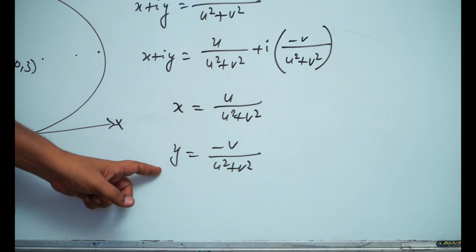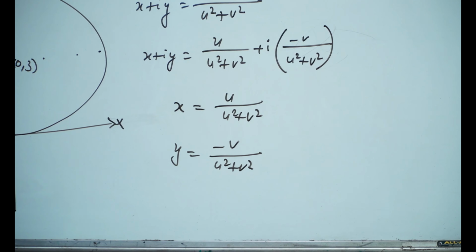So remember these two results, and further we need x square plus y square, which implies x square equal to u square divided by u square plus v square whole square, and y square is equal to v square divided by u square plus v square whole square.